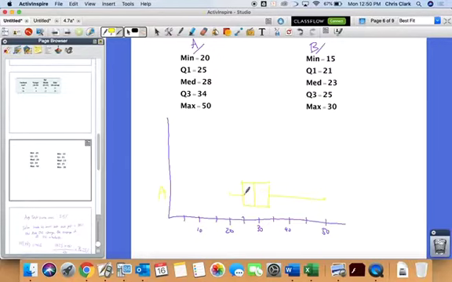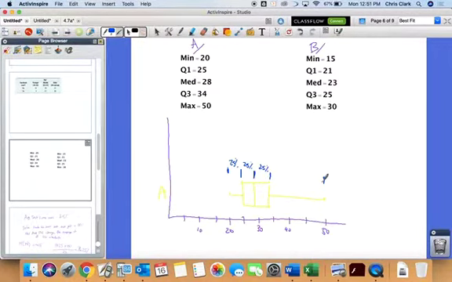But what you need to know, and what I'm asking for in a type of question like this, is that in between the minimum and Q1 is 25% of the data. You got to know that. In between Q1 and the median is 25% of the data. In between the median and Q3 is 25% of the data.